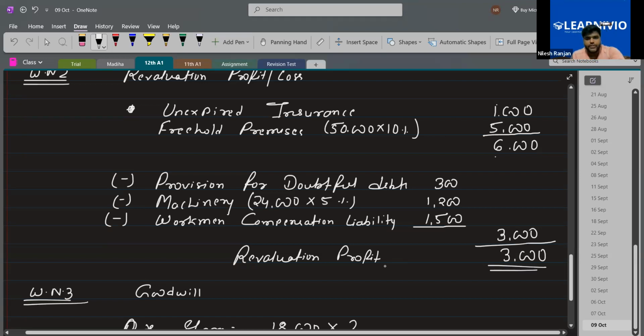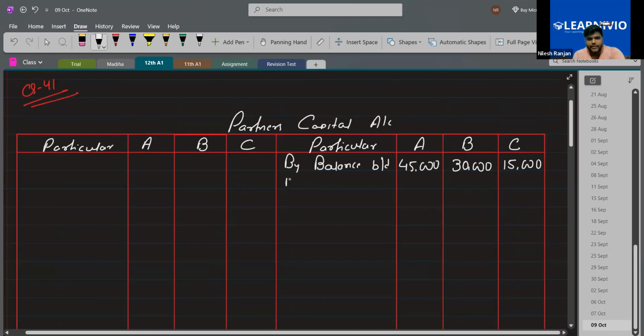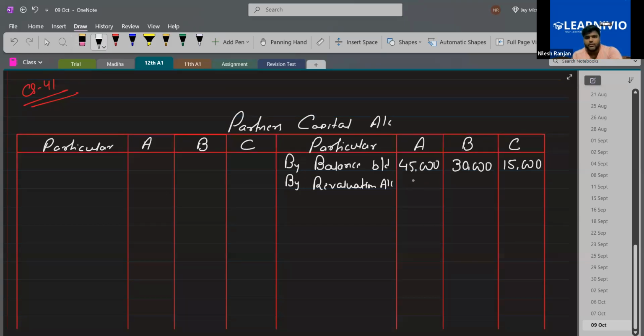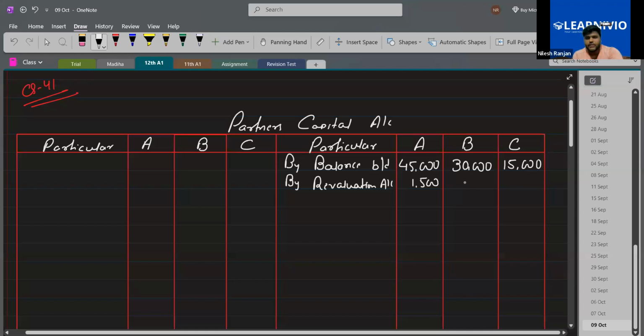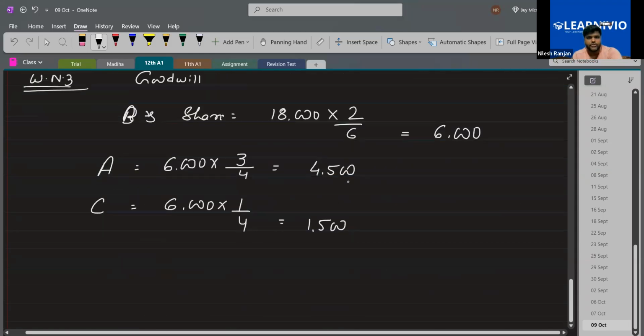And revaluation profit, when we distribute it between partners, the ratio is 3:2:1. So by revaluation account, 3,000 into 3:2:1 will be 1,500, 1,500. After that, gaining ratio, revaluation profit, completed goodwill.